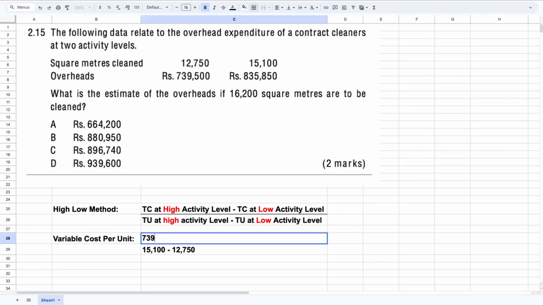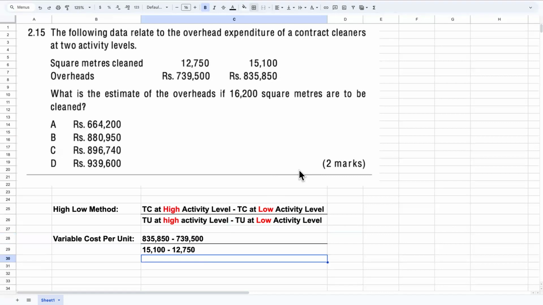So for the lowest activity level, 12,750, the cost is 7,39,500. For the highest activity level, 15,100, the cost is 8,35,850.